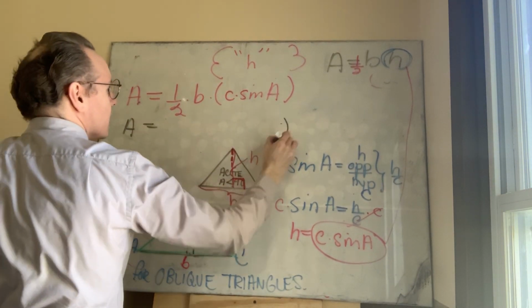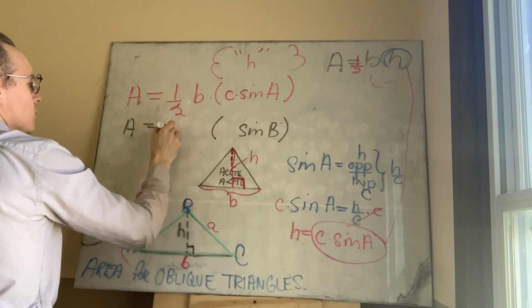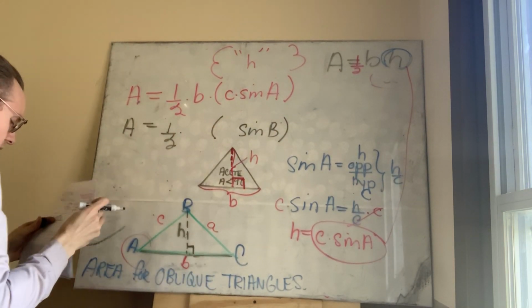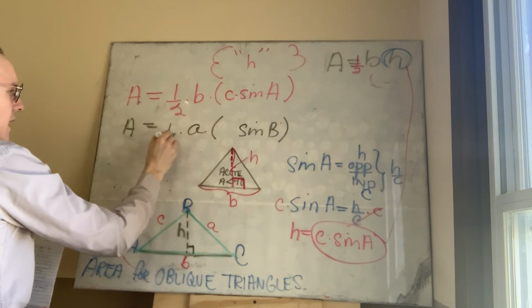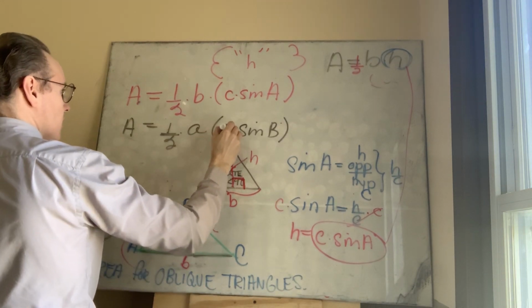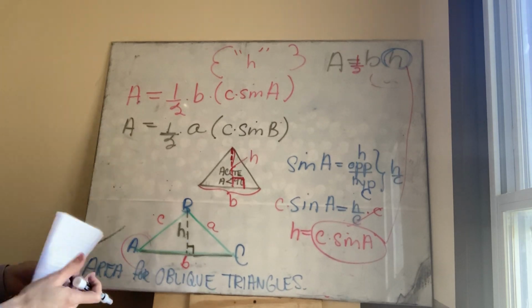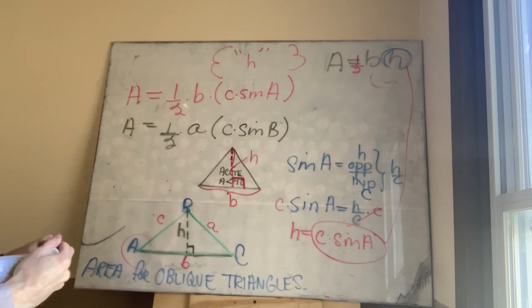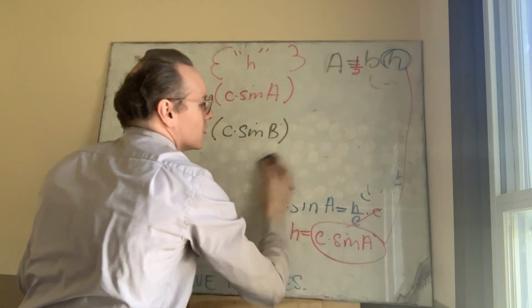If you have the one that involves B, then the rest of it would look like this instead. A would be the bottom in that scenario, and the angle would be B. You see? Let me just erase this to get it out of the way.